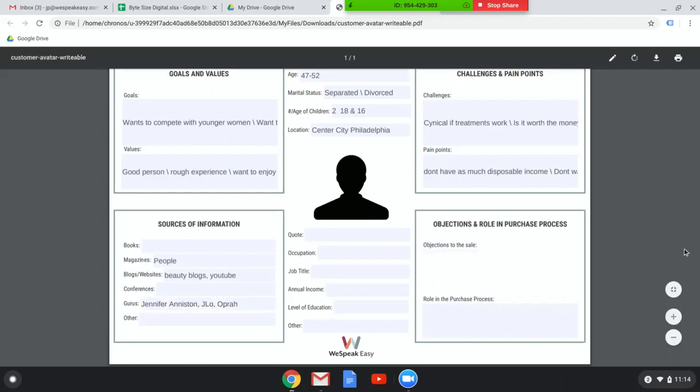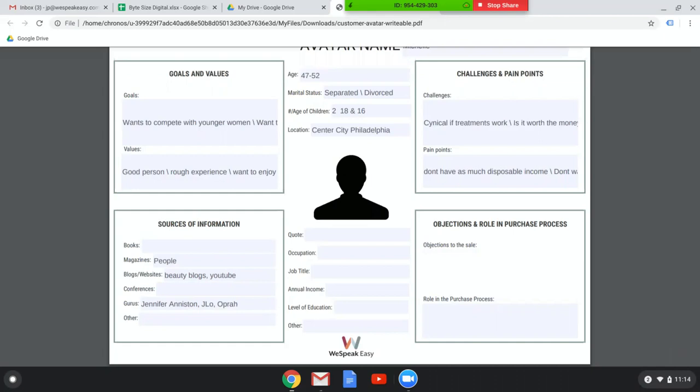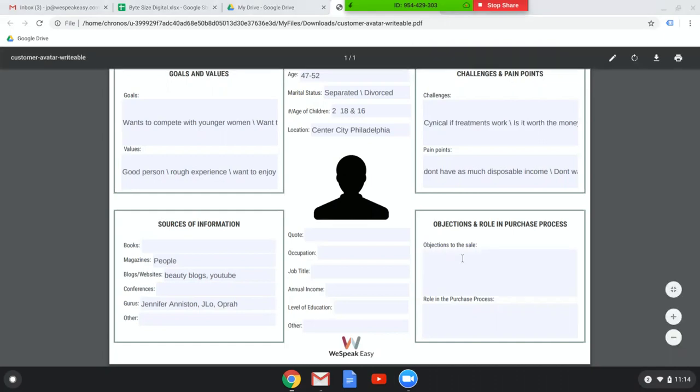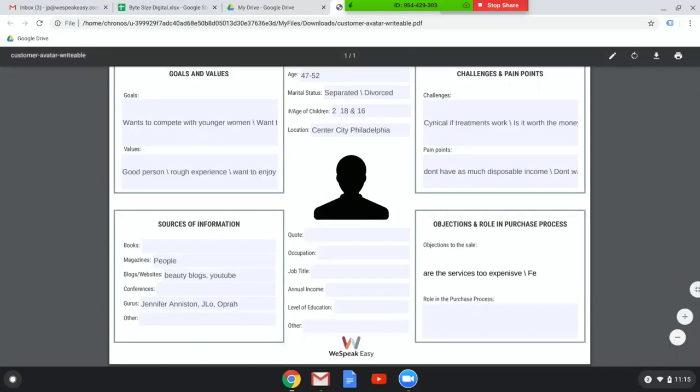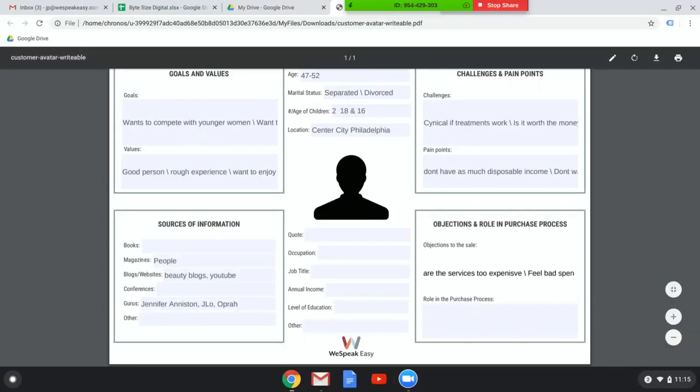And then objections and role in the sale. Their objections, again, are going to be pretty clear cut. Are the services too expensive? And they feel bad spending money, especially when they have kids. And again, will it work? In their role, they're the primary decision maker, so you're getting in front of the person you really want to be in front of.